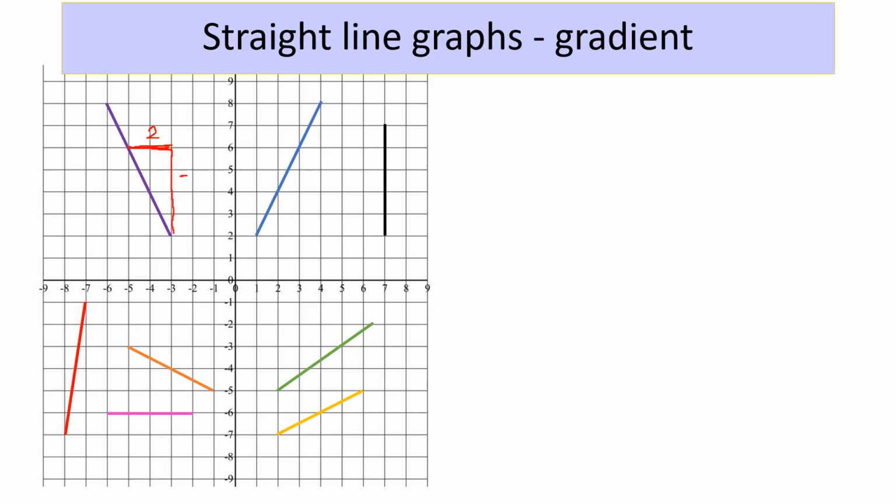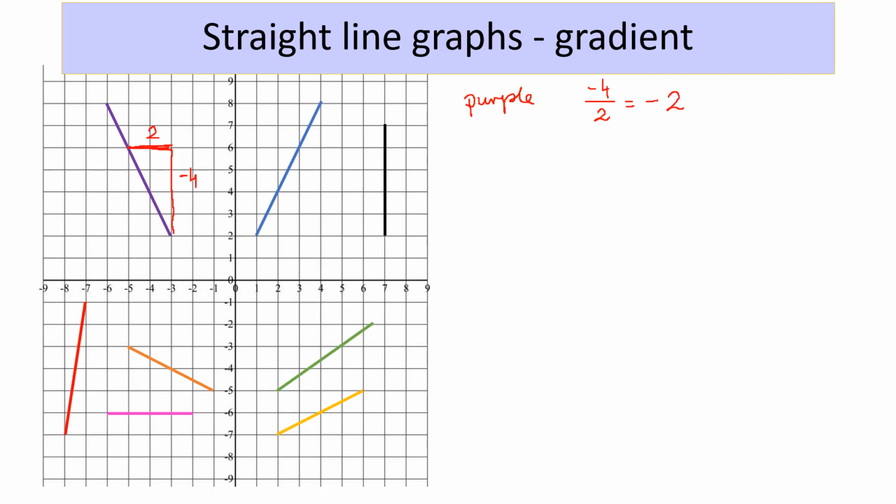Because I go 4 down, that means it's -4. So the change in y for the purple line is -4, and the change in x is 2, so the gradient is -2. The gradient is negative because the line is going down.